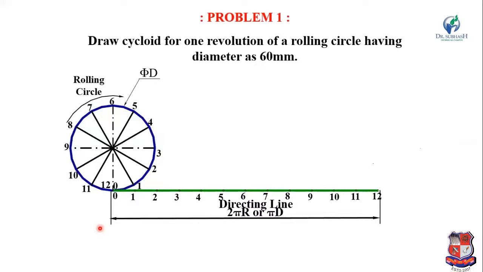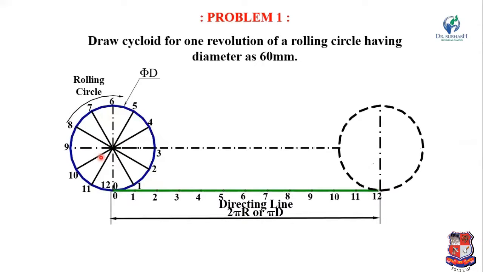Now this point is the center of the circle, and initially the center is C0. After one complete revolution, this circle will reach this point. So this is the center line. Now you have to divide the center line into 12 parts: C0, then C1, C2, C3, C4 up to C12.